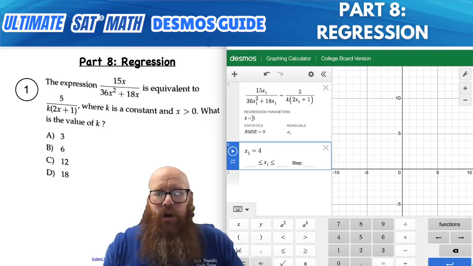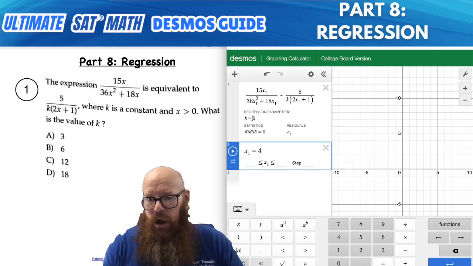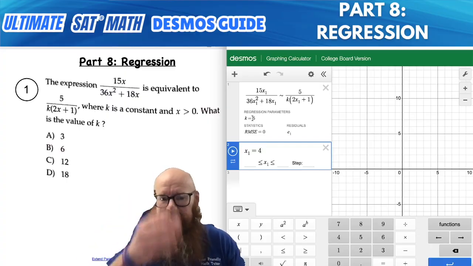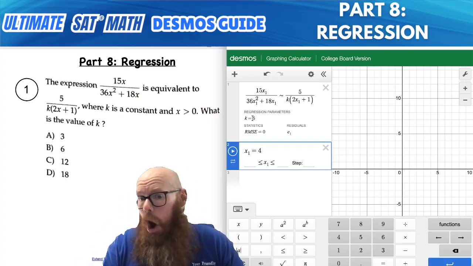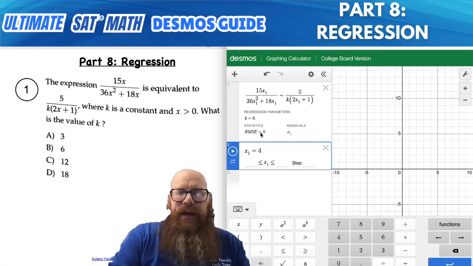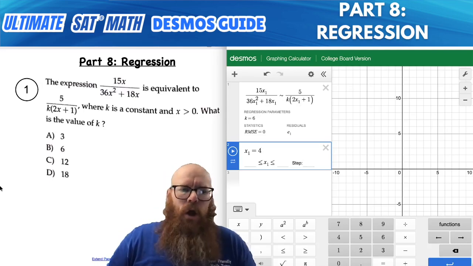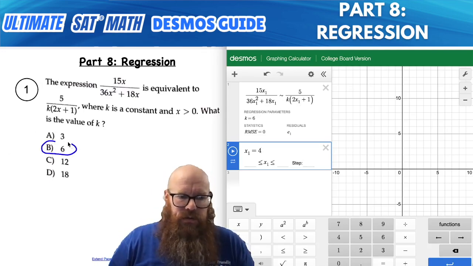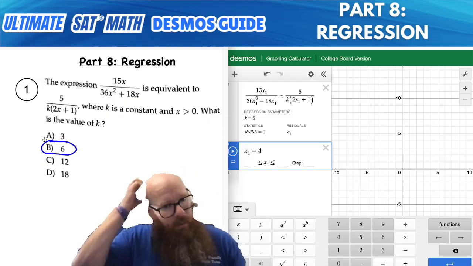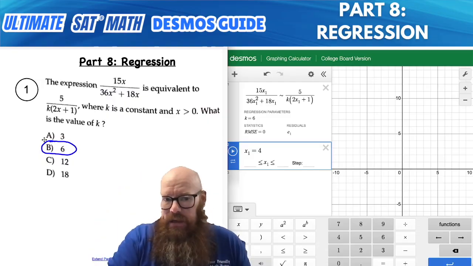Based off of that, however many constants there are that are unknown, that's how many values you need to substitute in for our variable. So if I just make all the x1s 4, all we're going to have left to solve for is k, and Desmos is going to do that for us. So we know the answer is k equal to 6. As we're going to see in the next couple problems, it won't always be that easy.